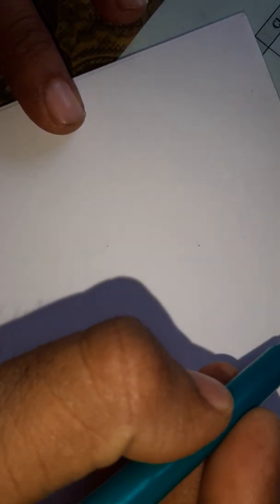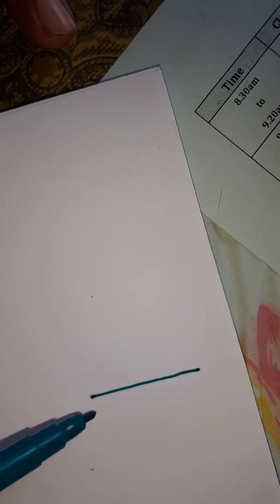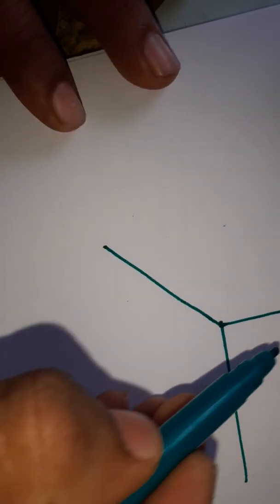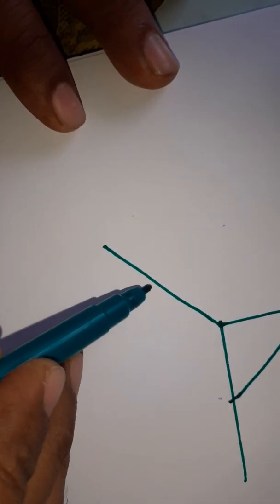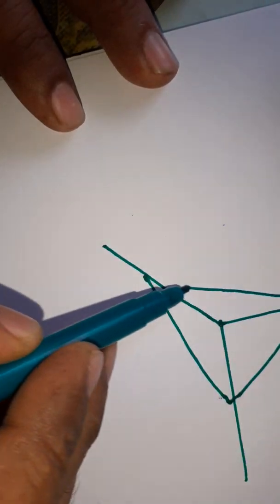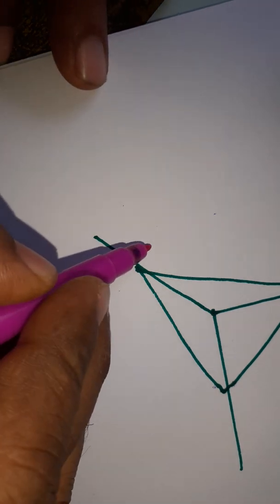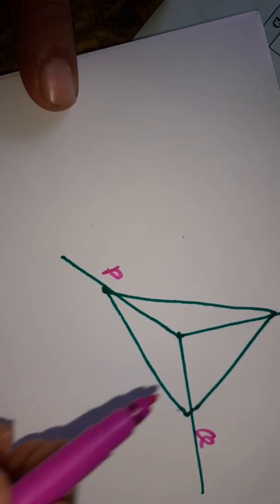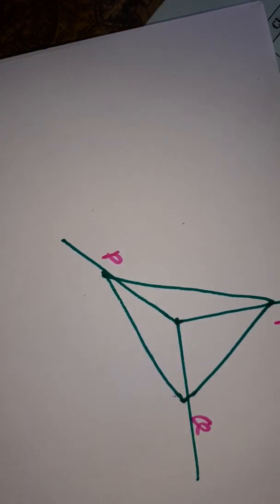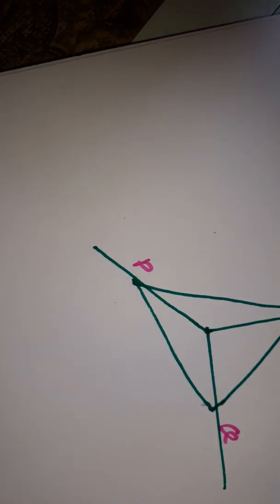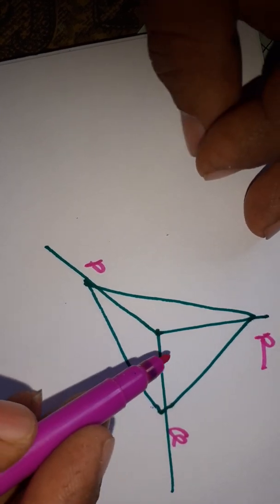So for that purpose we consider one plane. So this is your plane. We consider three points P, Q, R, the intercepts made by the plane on the three axes.